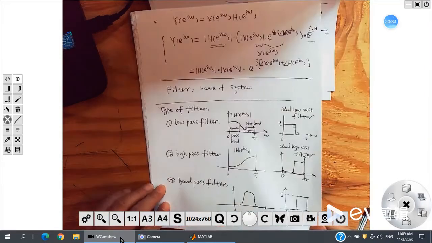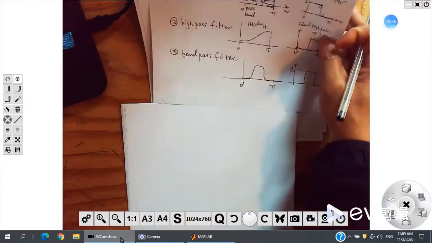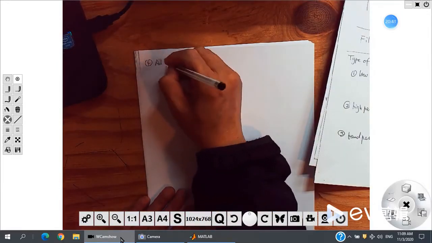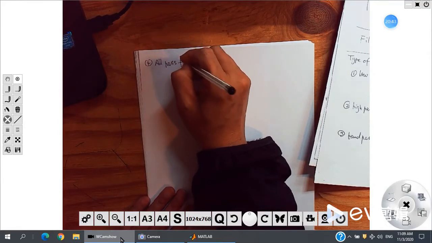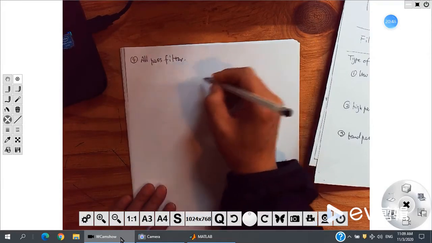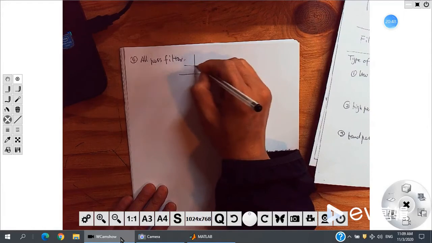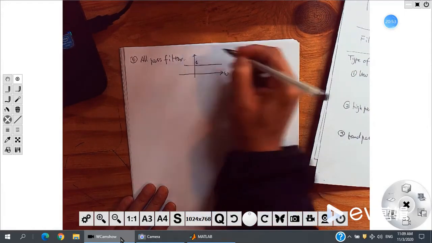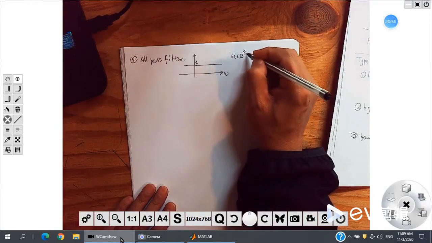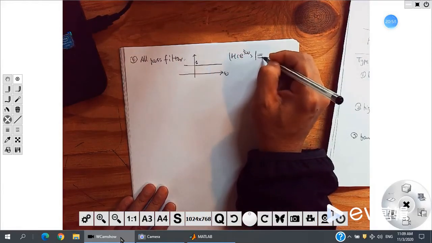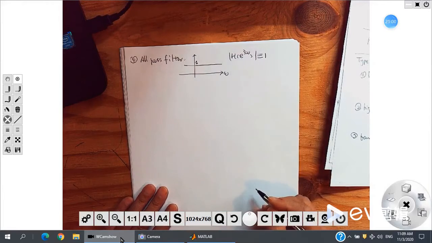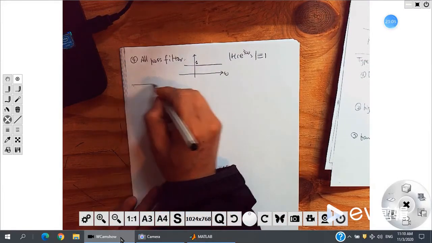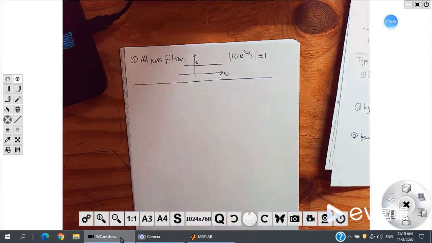Then we have another one, the all pass filter. This is the omega, and this is 1. The magnitude of H(e^{jω}) is always equal to 1. It's all pass, no stop band. And that's 1, 2, 3, 4.